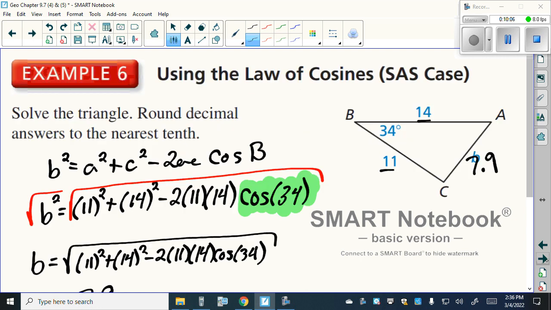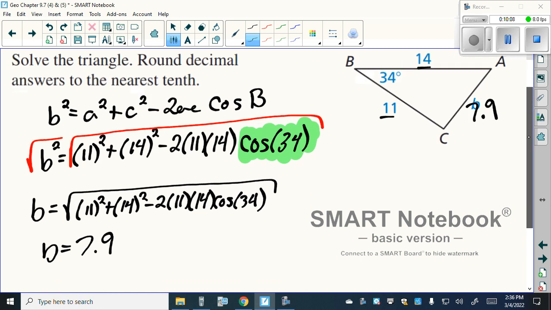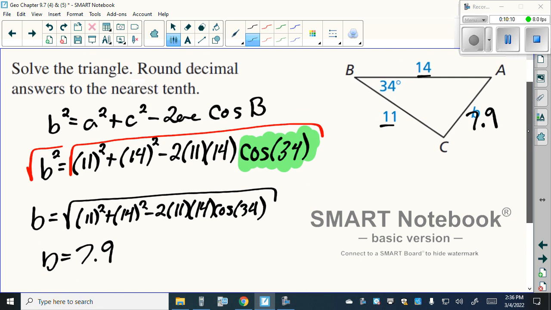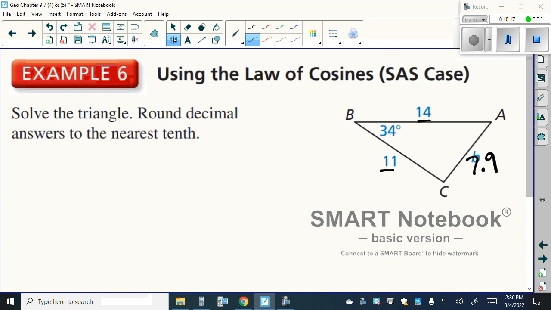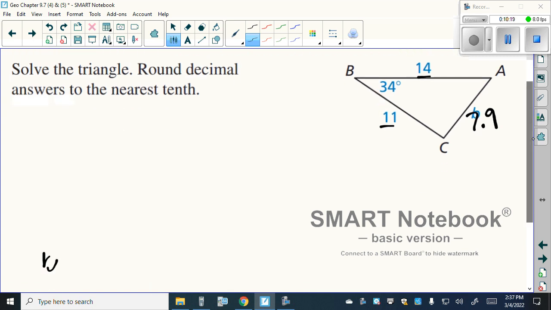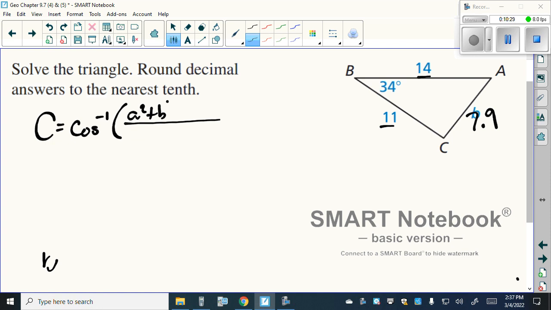So, using this and looking back at this figure, which angle do we want to find first? C. Angle C is equal to cosine inverse of a squared plus b squared minus c squared over 2ab.